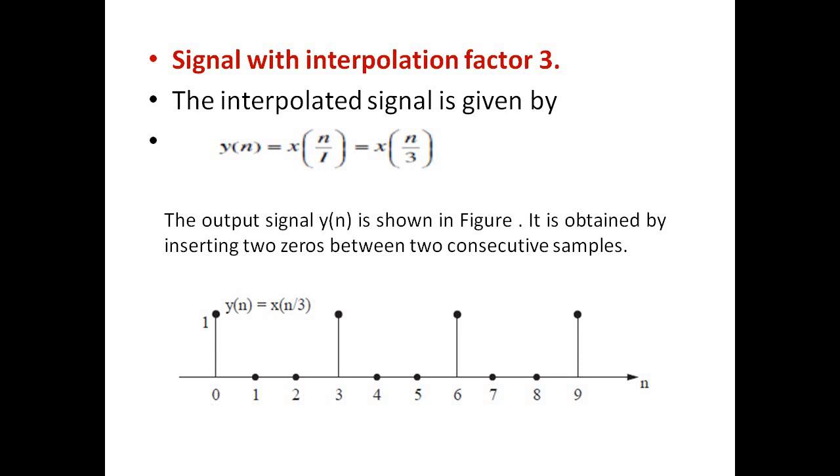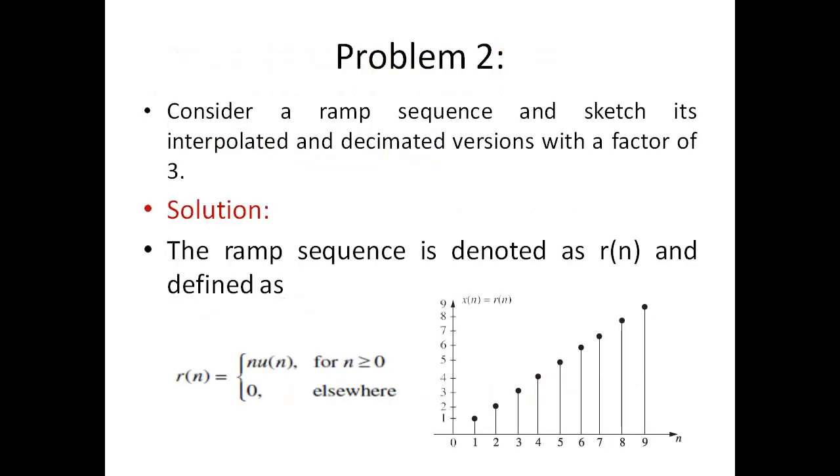Now let us move further to another problem. Consider a ramp sequence and sketch its interpolated and decimated version by a factor of 3. And here also the input signal must be downsampled or upsampled with a factor of 3. But the given signal x of n here is nothing but the ramp sequence.